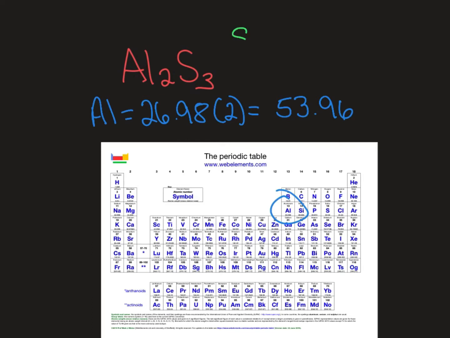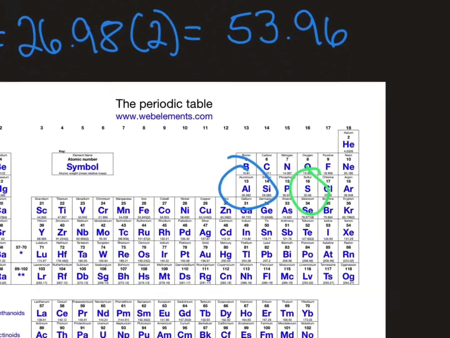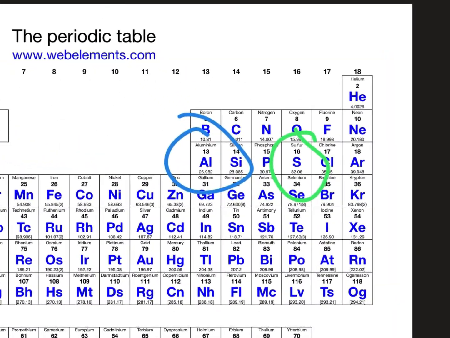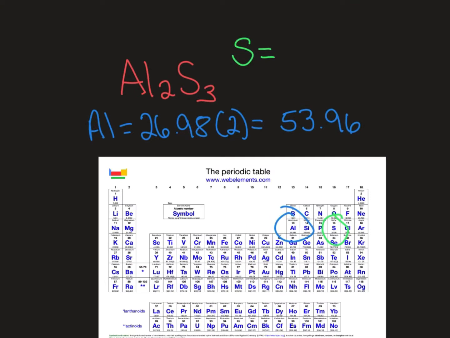And then we need to do the same thing for sulfur. So sulfur, we go to the periodic table, it's number 16, and it has a 32.06 underneath it. So the atomic mass is 32.06. And I have 3 of them. So I take 32.06 and I multiply it by 3. You put that in your calculator and you will get 96.18.